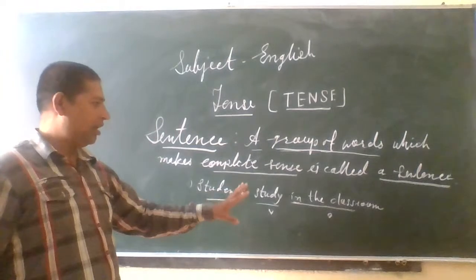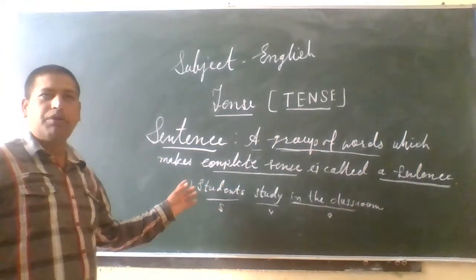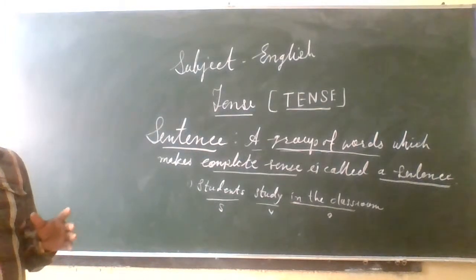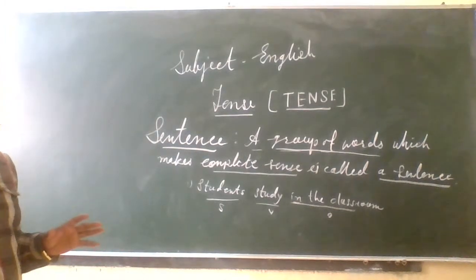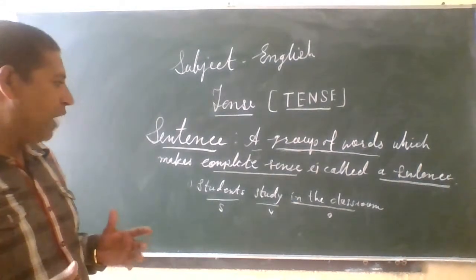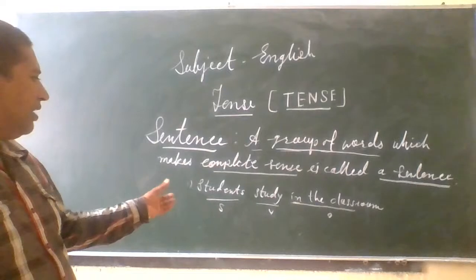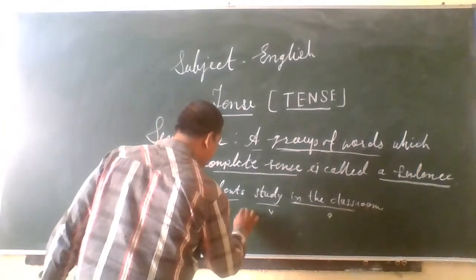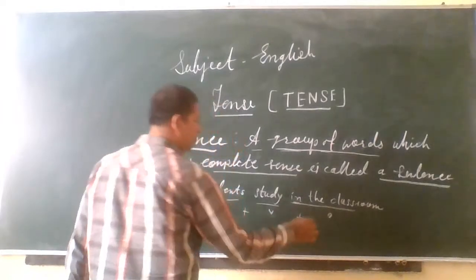Students study in the class. Students mean those students have come over there. They are prepared to get the knowledge, to acquire the knowledge. Subject plus verb plus object equal to sentence.